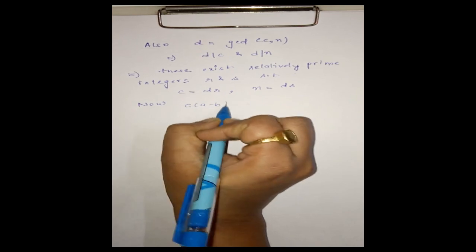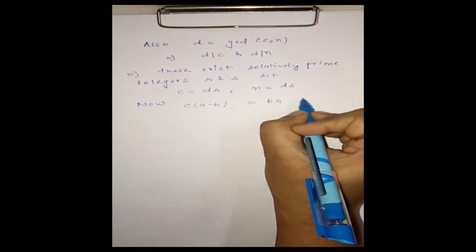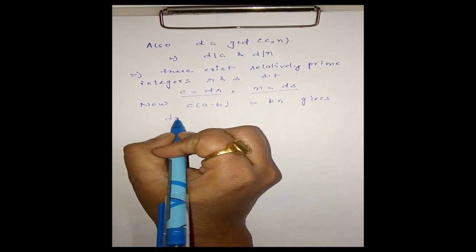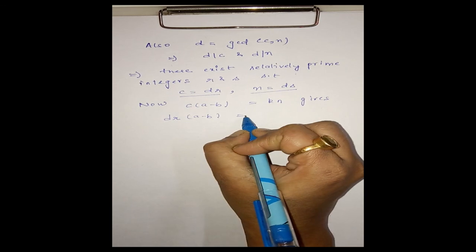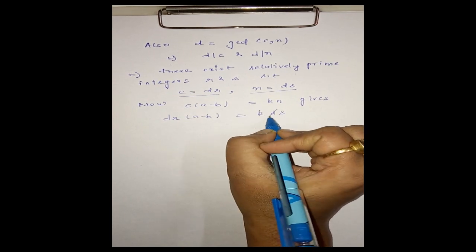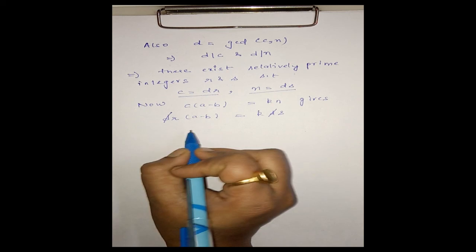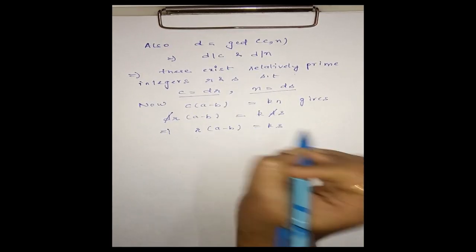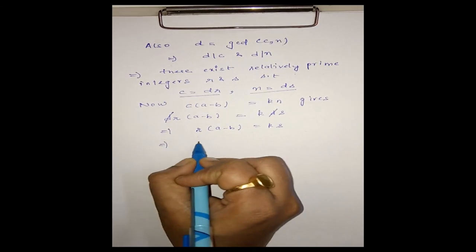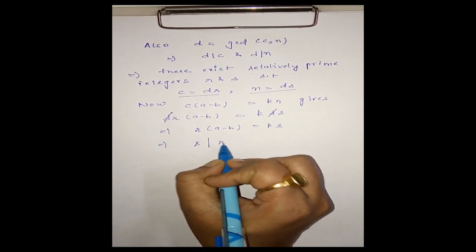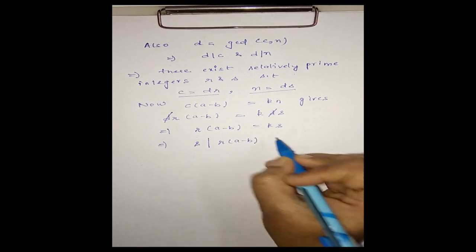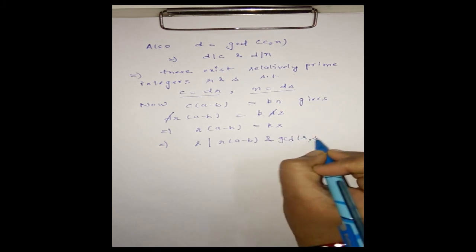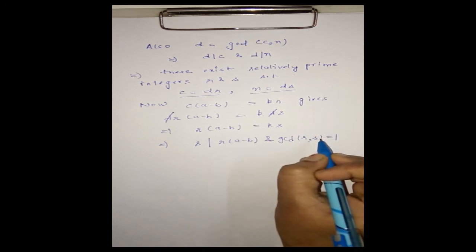C into A minus B is equal to kn gives, substituting the values of C and n, Dr(A minus B) is equal to kDs. D will get cancelled out. That means r(A minus B) is equal to ks. This implies s divides r into A minus B, and the GCD of r and s is 1, since r and s are relatively prime.